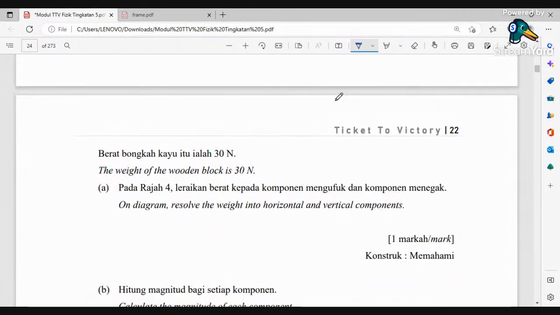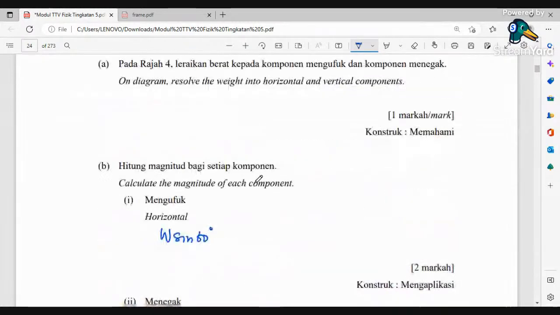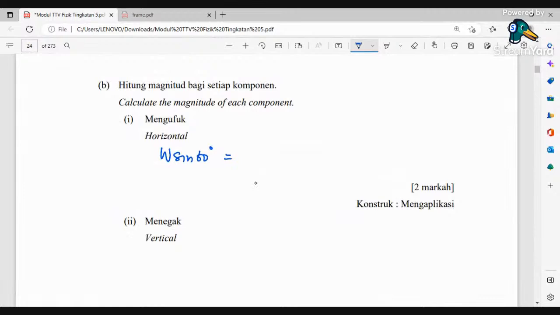Okay, given what information given? Weight of wooden block 30 Newton. So it's 30 sin 60.